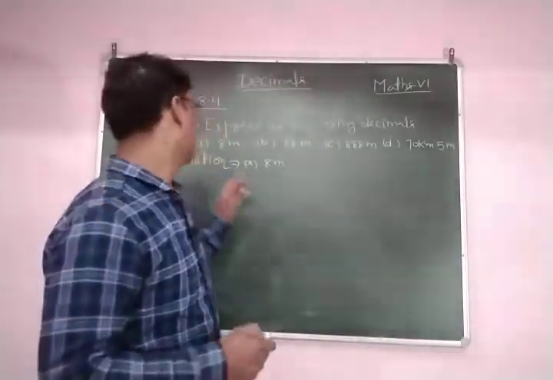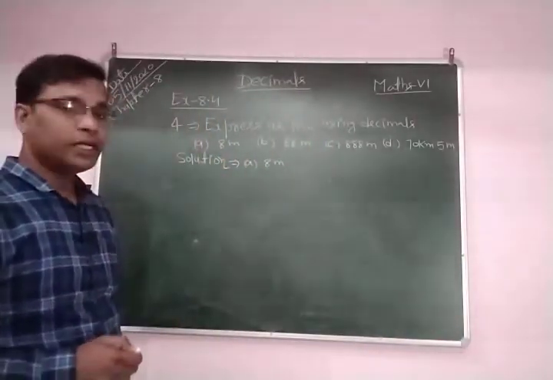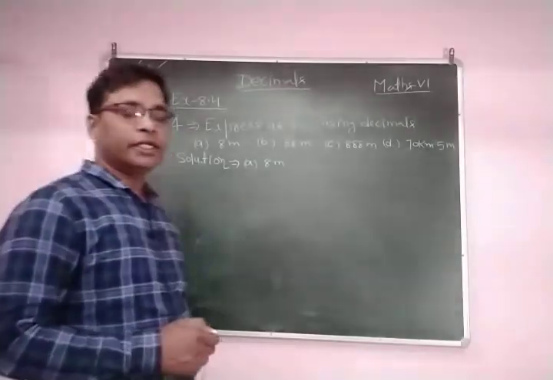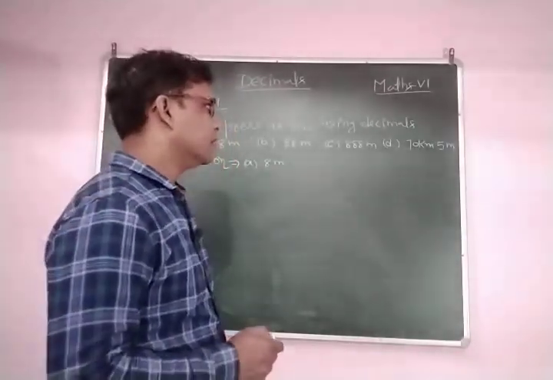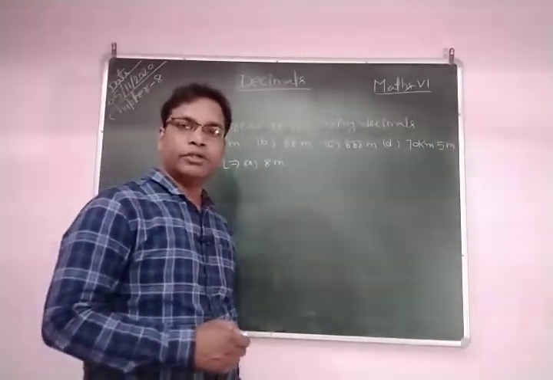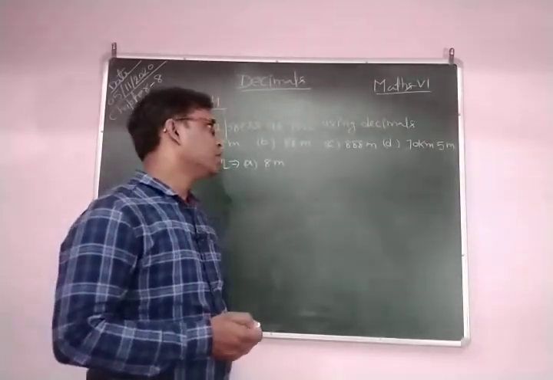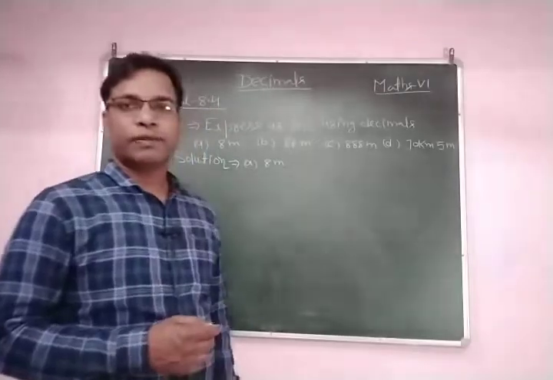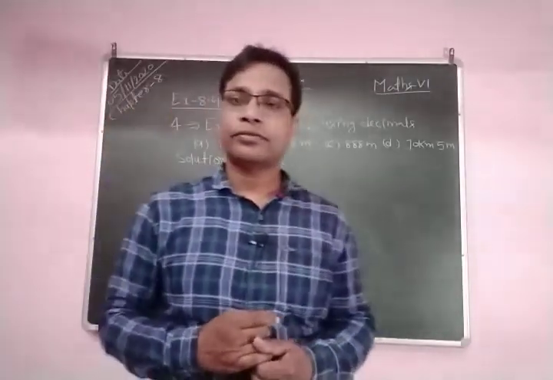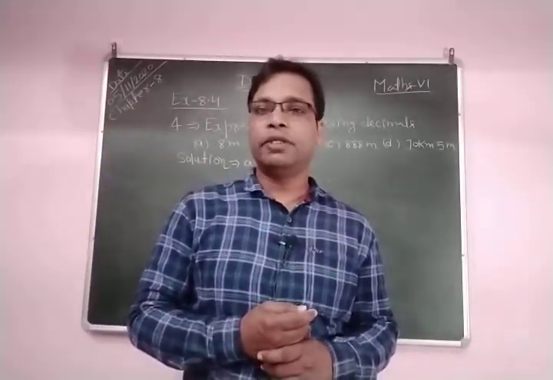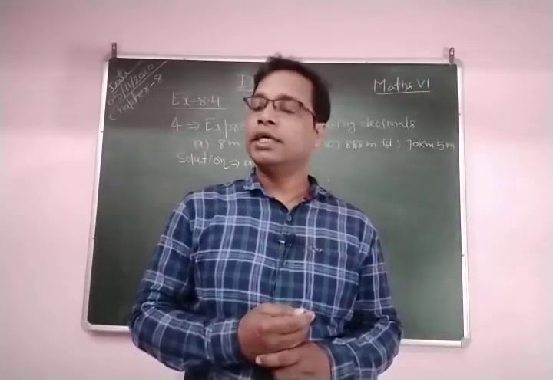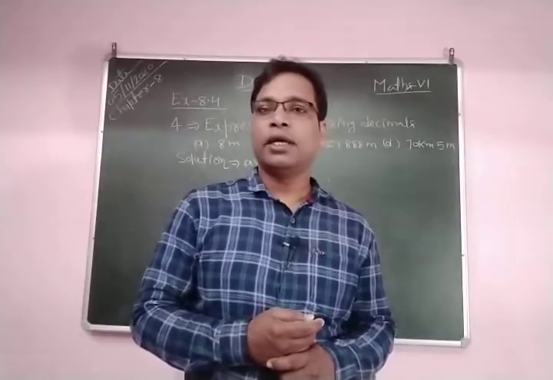Here this is given in part A: 8 meter, 88 meter, 888 meter, 70 kilometer 5 meter. You need to express the following as a kilometer using decimal. So first we need to know the relation between kilometers and meters.